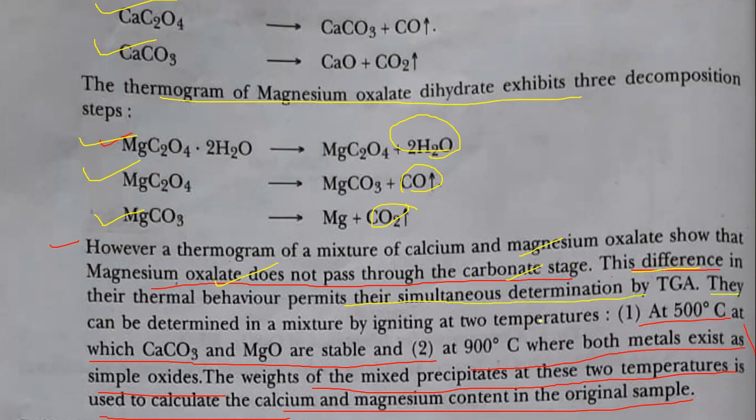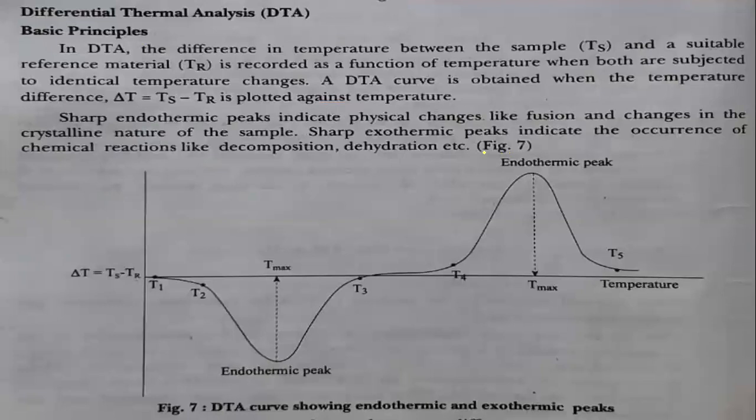They can be determined in the mixture by igniting at two temperatures: at 500 degrees Celsius, where CaCO3 and MgO are stable, and at 900 degrees Celsius, where both metals exist as their oxides, that is, calcium oxide and magnesium oxide. The weight of the mixture precipitate at these two temperatures is used to calculate the calcium and magnesium content of the original sample. So this is also a very good binary analysis that can be carried out with the help of the TGA technique.